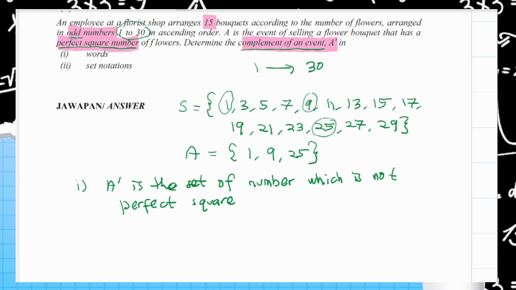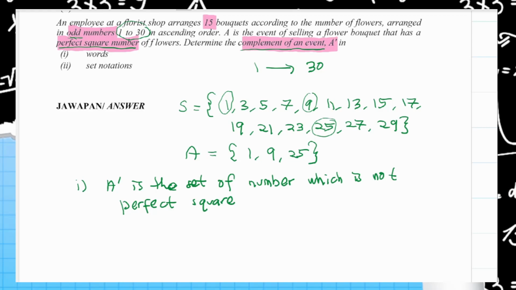The question says A is perfect square, so A prime is everything other than perfect squares. So you can write A prime is the set of numbers which is not a perfect square. For the grammar, no problem; what is important is that you know how to write it in words.